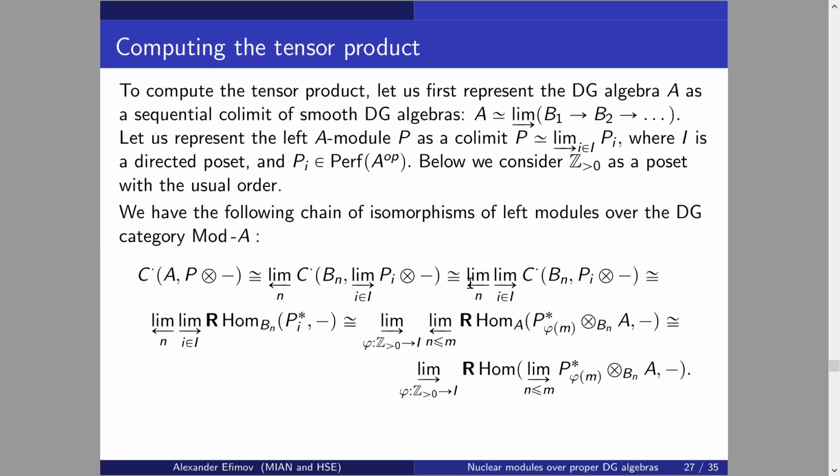So I can write it as a sequential limit of directed colimits of Hochschild chains.